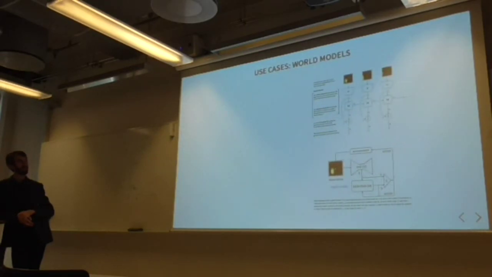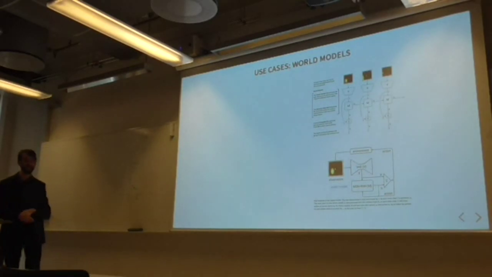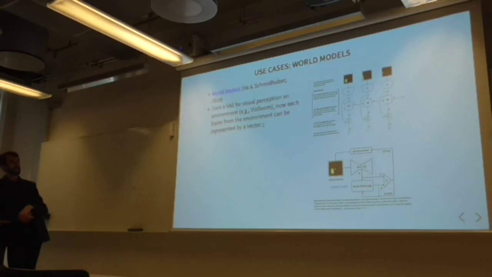And then the final thing, which is quite recent work, which I find quite interesting, is this idea of a world model. So these guys, David Ha and Schmidhuber, the legendary Schmidhuber from LSTM fame and many other accomplishments, had a paper recently at the big conference NIPS this year, where they train a variational autoencoder for visual perception in a game environment.